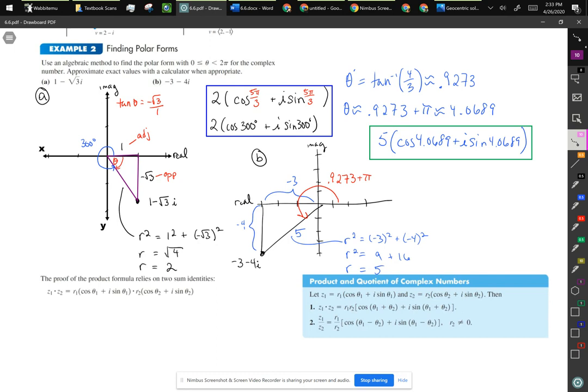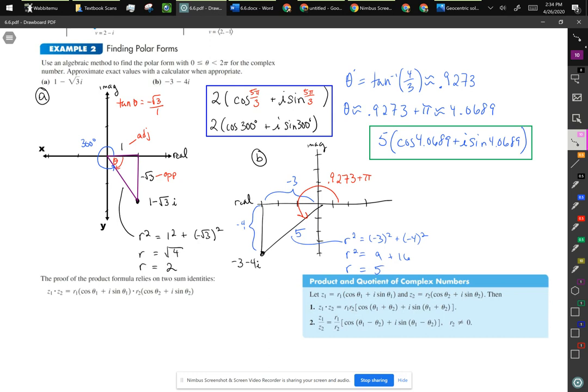But in this case, we have a better rule for how to multiply complex numbers besides just brute force doing the distributive property over and over and over again, especially when it becomes a product of more than two binomials. And this is where polar form just blew my mind.